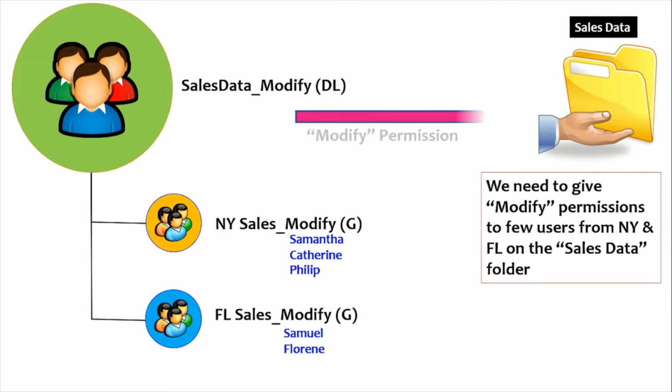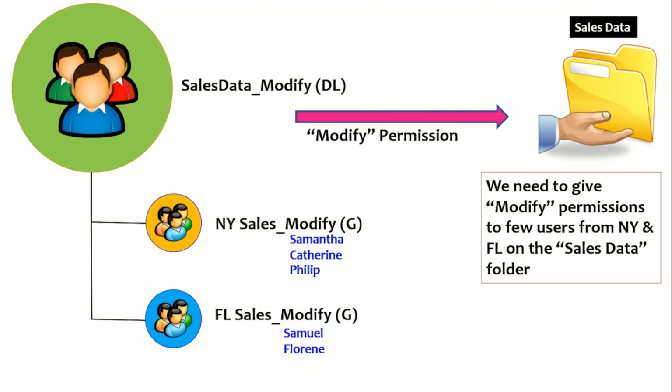And last but not the least, we will grant the sales data modify domain local group modify permissions on the sales data folder. So we have nested New York sales modify and Florida sales modify, both groups, under sales data modify.